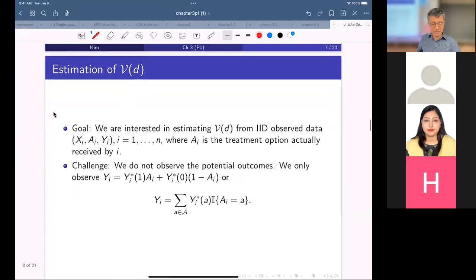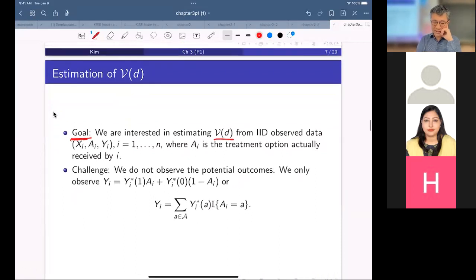Estimation of the value of a treatment regime. Remember, the goal is to estimate the value of a particular treatment regime. D is known; D is given. We have a rule already, and we just want to evaluate it using the data.